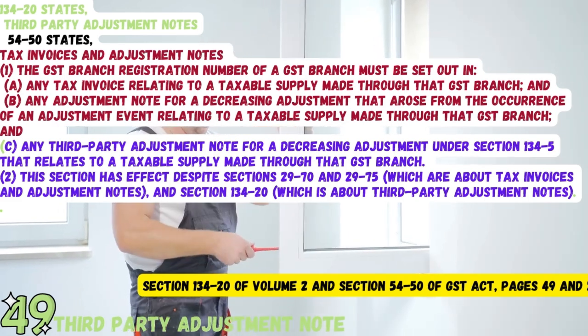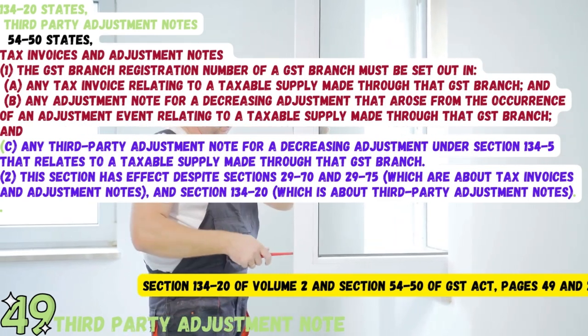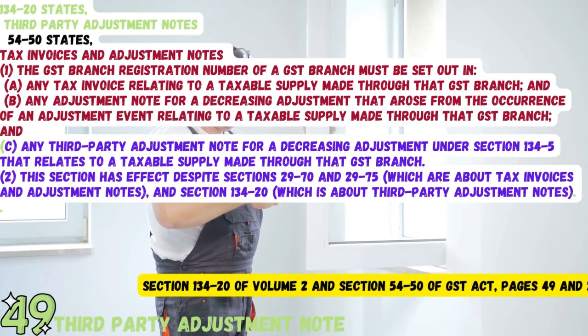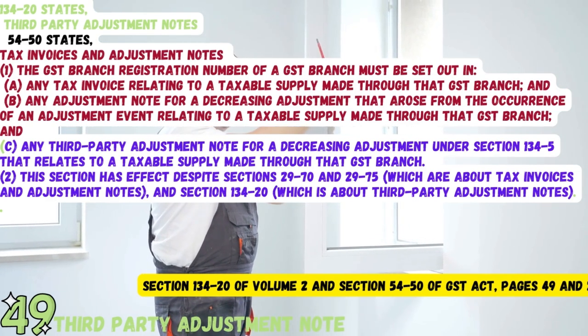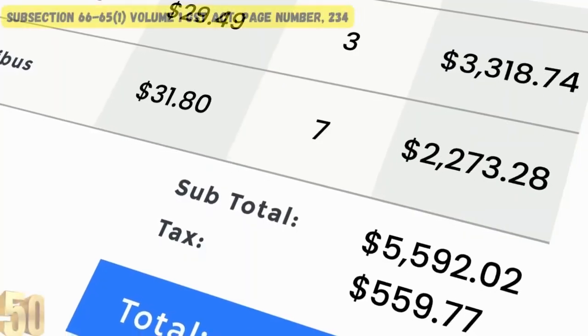This section has effect despite Sections 29-70 and 29-75, which are about tax invoices and adjustment notes, and Section 134-20, which is about third-party adjustment notes.